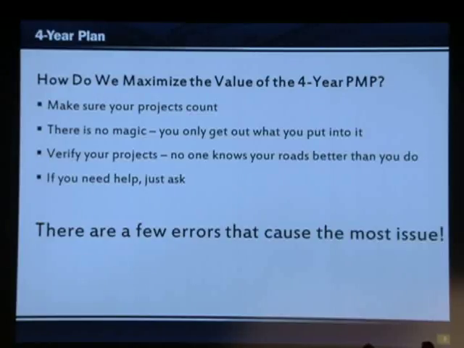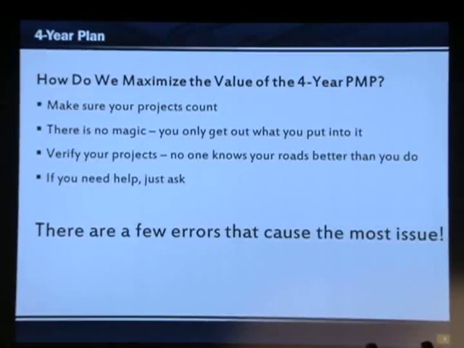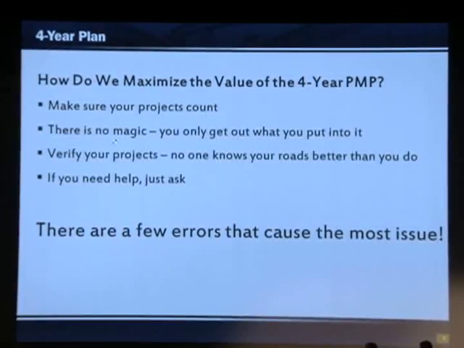So how do we maximize the value that we actually get out of the 4-year plan? Well, we have to make sure that the projects that we have scheduled count. There is no magic button, there is no magic field that we can fill in to get the best information. You can only get out of this what you put into it.